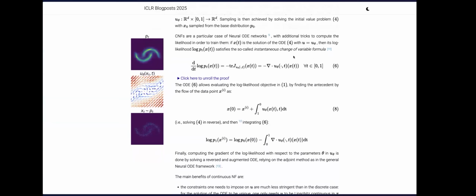What part of this is tunable? In normalizing flows, we had layers, and each layer had a simple mathematical formula. It was invertible, and we could tune it. Now, instead of layers there, we have a single neural network or single parameterized function. It doesn't even have to be a neural network, any kind of parameterized function that you can train.